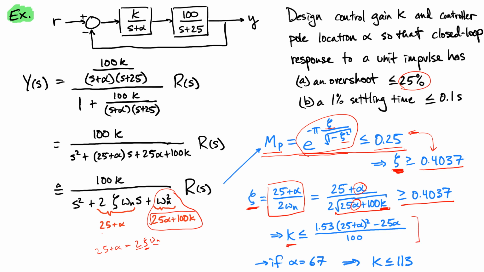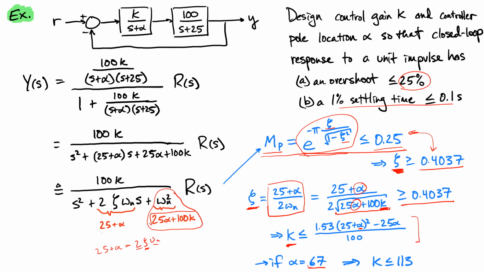And essentially what this is telling us is that we can't design alpha and k independently. Once we pick alpha to satisfy the settling time, then that changes what values of k are acceptable. And so depending on how big we select alpha, so we know that 67 is an option, but we said that any alpha greater than 67 is an option. So that means that that may change what the values of k are acceptable.